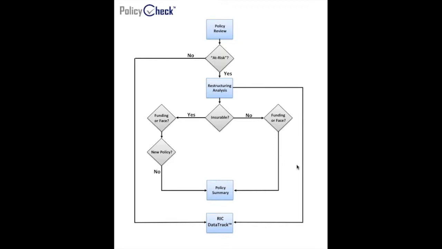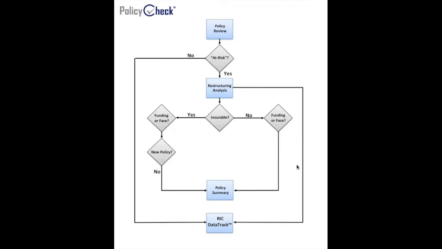They can either increase the funding, which means they need to pay more premium so the policy will achieve maturity age, or they need to reduce the face so that the current policy is adequately funded at that new face amount. The objective of the trustee is to get 100% of their book of business in an adequately funded state, because that's what reduces liabilities, that's what's best for the trust, and that's what's best for the beneficiaries. So going to the left, the same questions apply, but also to a new policy.